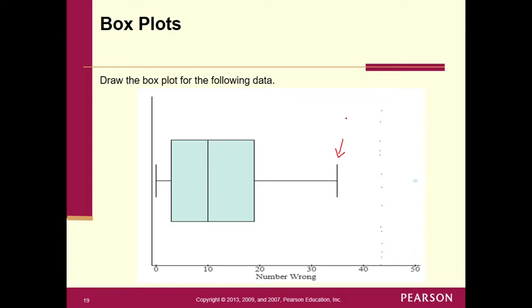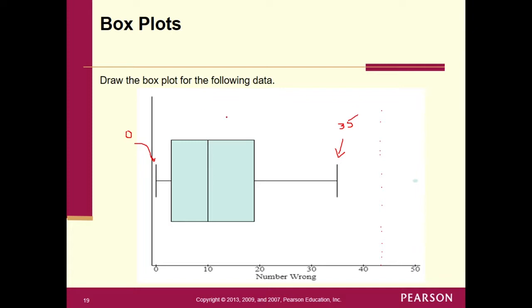If you go back to your data set, you're going to see 35 is the maximum value that's still inside the fence. What do you think this represents over here then? This represents the minimum value that's still inside the fence, and that was 0.